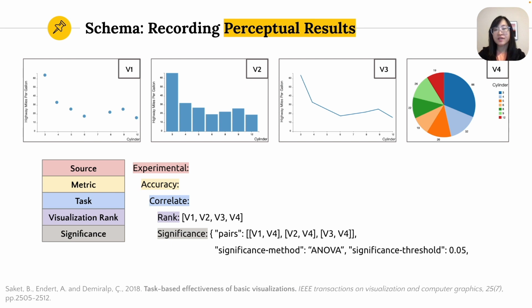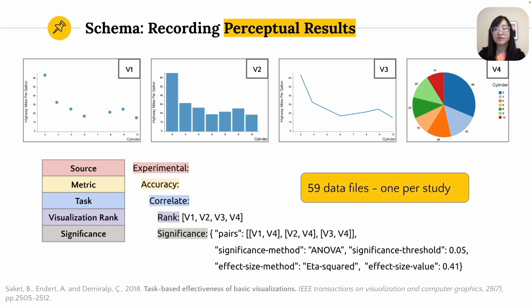For each significant list, we also record the statistical test result, including the significance method and threshold, as well as the effect size, method, and value. In total, we contribute 59 data files, one for each study, recording how visualizations are compared based on different tasks and metrics.